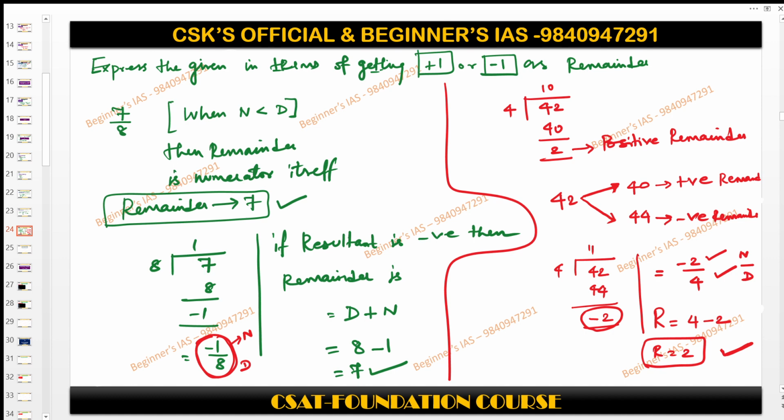Here minus 2 as r. Then what you have to change here? D plus r. Clear? So that is fine. Next one, you can do plus 1 or minus 1 as the remainder.